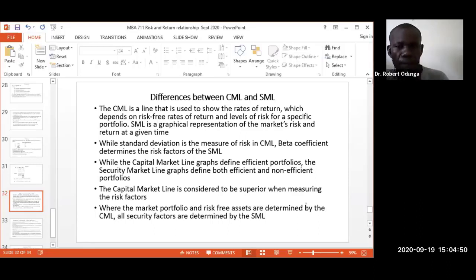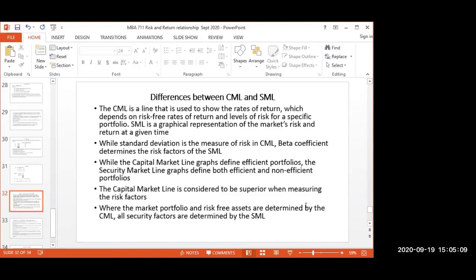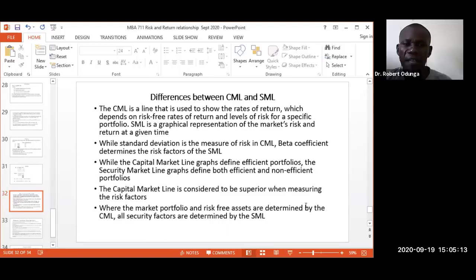So when you talk of these lines, we must have a portfolio that includes the risk-free asset, for example treasury bills, bonds, and all that. The SML is a graphical representation of the market's risk and return at a given time, but these are for individual securities.